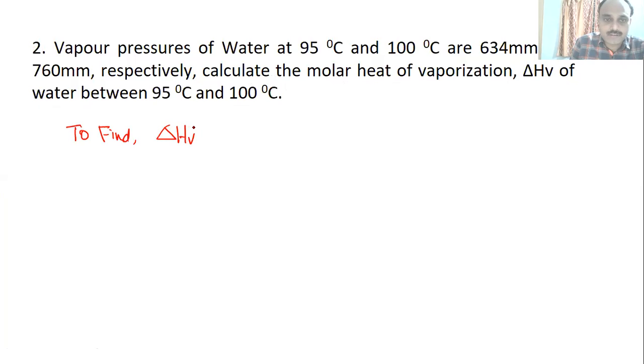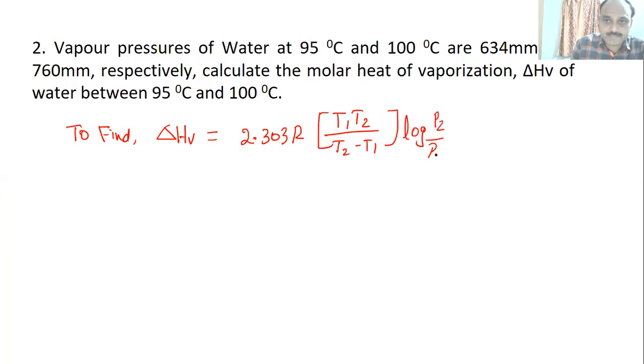And to calculate this, what is given? So what is the equation from the Clausius-Clapeyron equation? It is 2.303 R into T1 into T2 divided by T2 minus T1 log of P2 by P1. Okay. Now this needs to be calculated, and R, what is R?